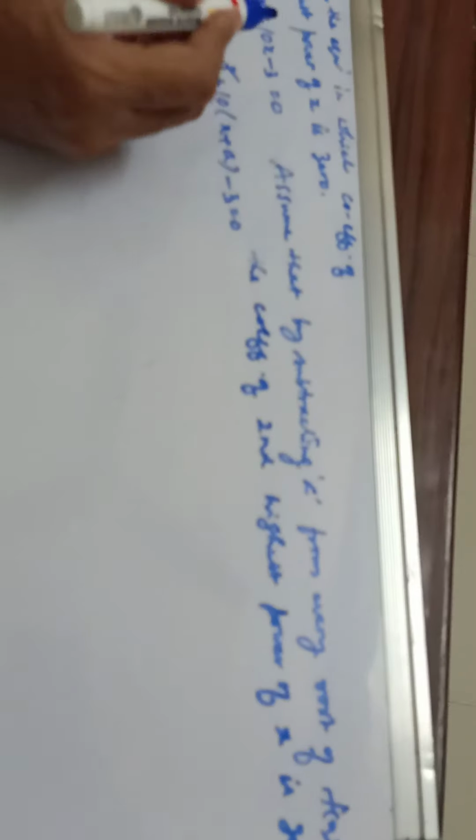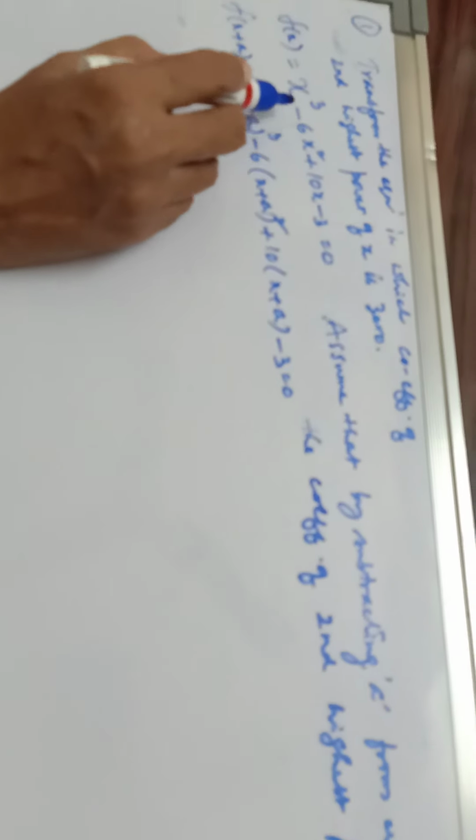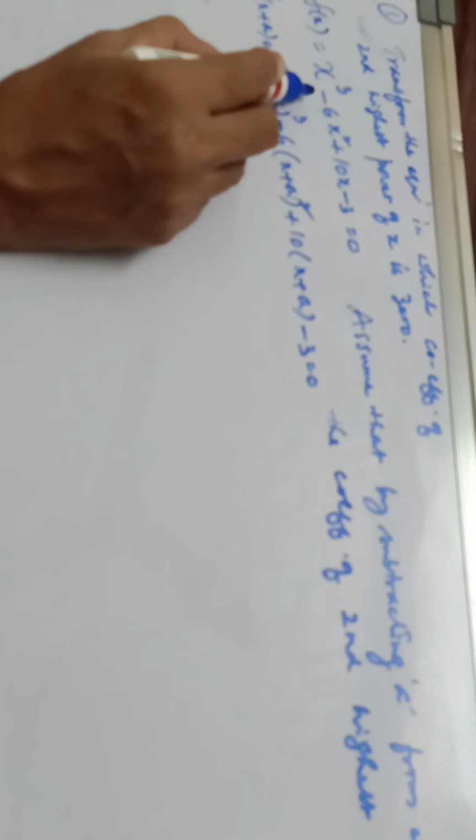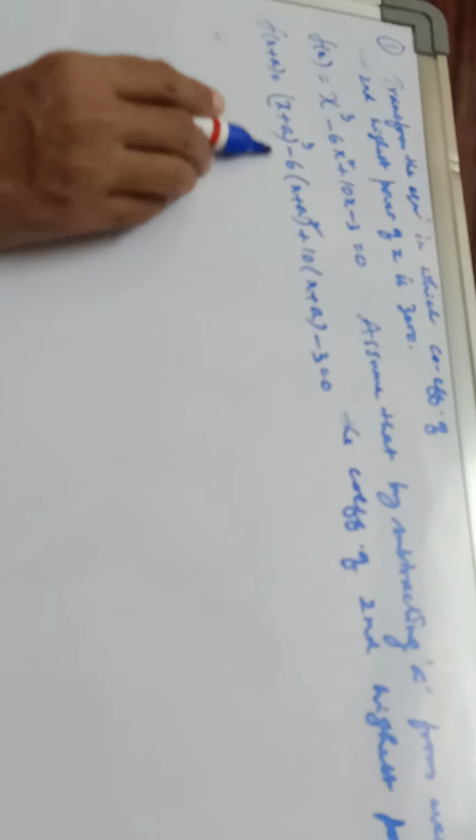So by subtracting a from every root of it, the new equation obtained has no coefficient for the second highest power of x. That means this x square coefficient has become 0. Now let us simplify it and equate the coefficient of x square to 0.